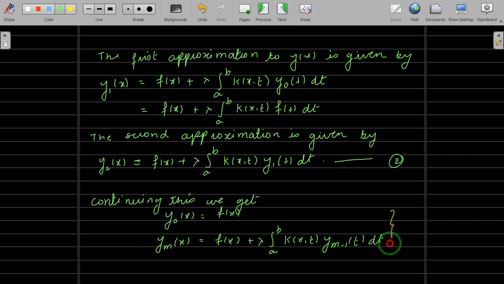So you take these equations, that is your approximations, as star.